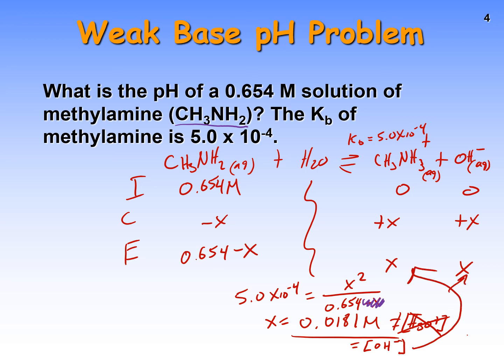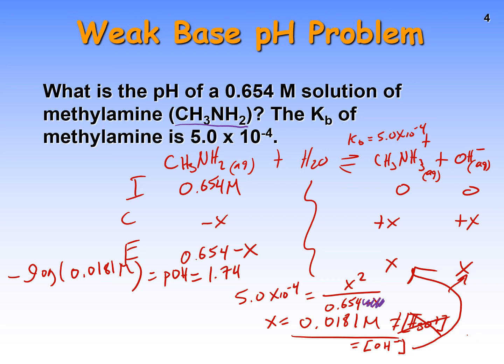So if I take the negative log of my concentration here, 0.0181 molar, I'm going to get my pOH, which in this case is equal to 1.74. Now I'm not done. That's not my pH.